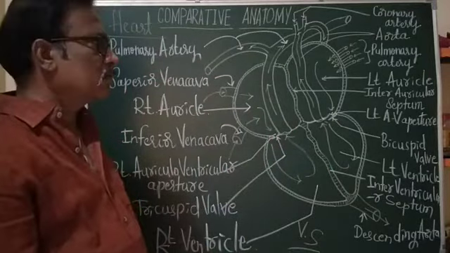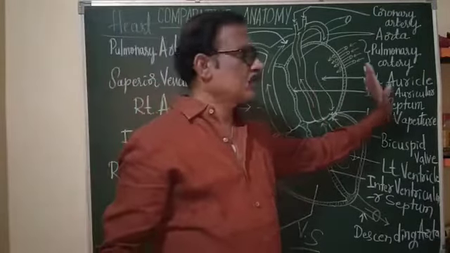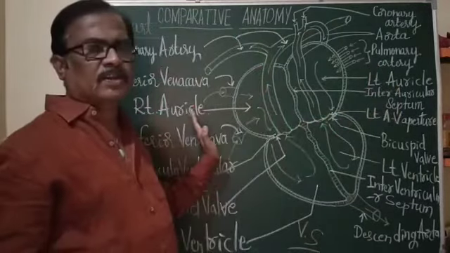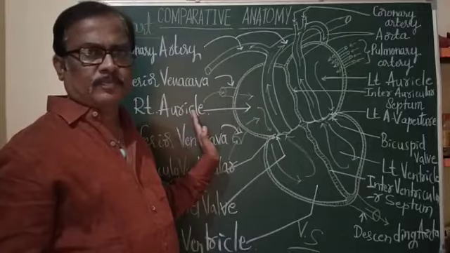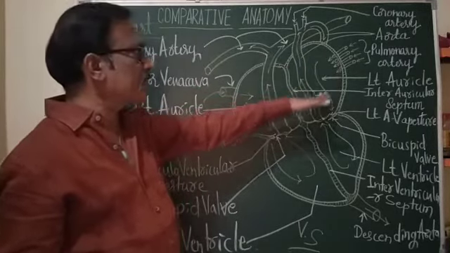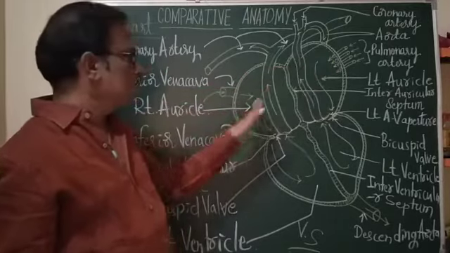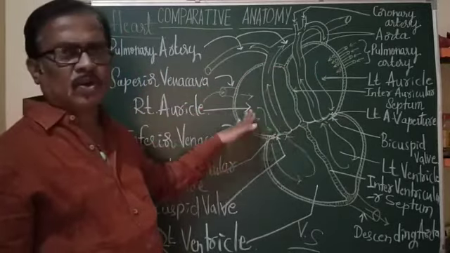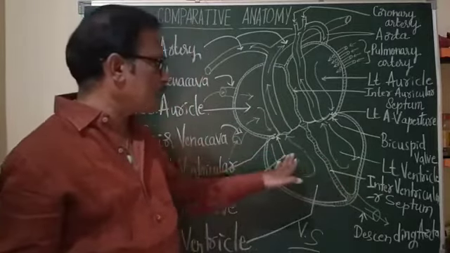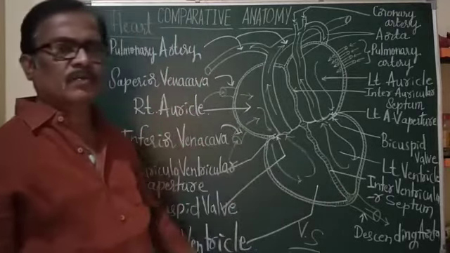So this becomes the left part of the heart and this becomes the right part. This chamber is the left auricle, this is the right auricle, this is the left ventricle and this is the right ventricle.